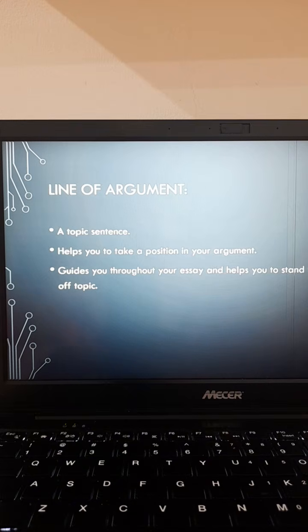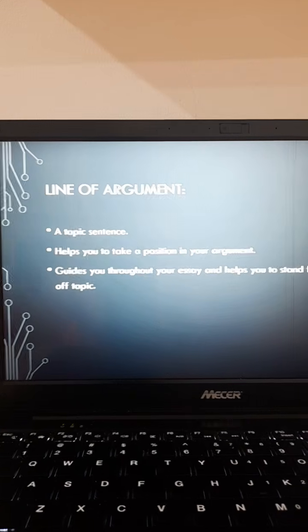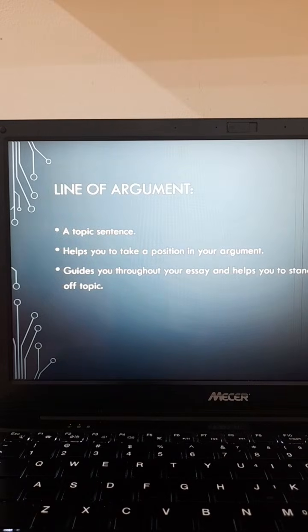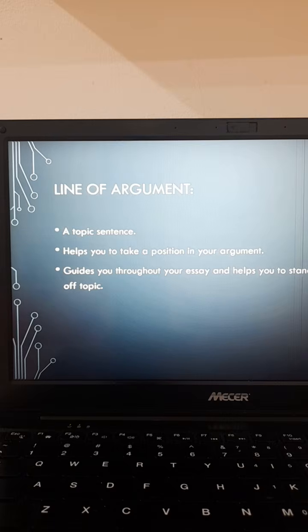It says it guides you throughout your essay and helps you to stand firm to avoid being off topic. So with that being said, it means that your first line in your essay must be your line of argument, and your line of argument comes from the essay question.